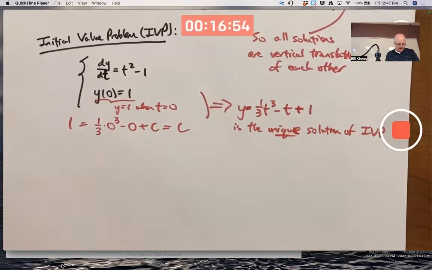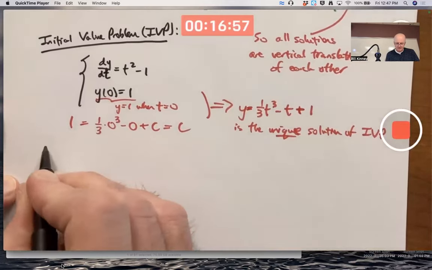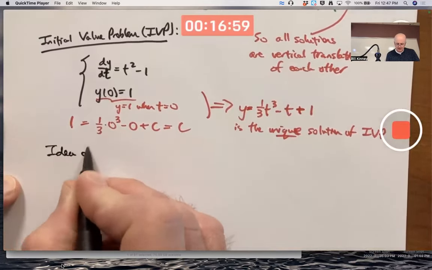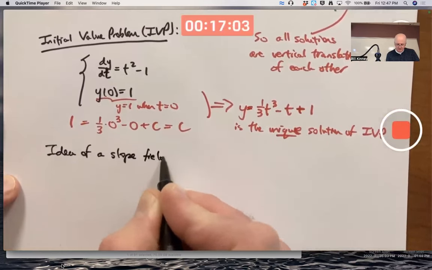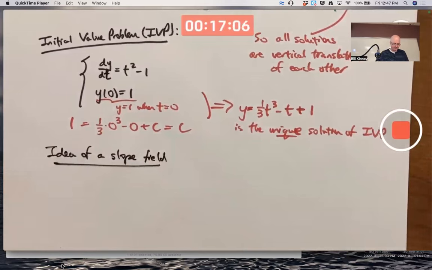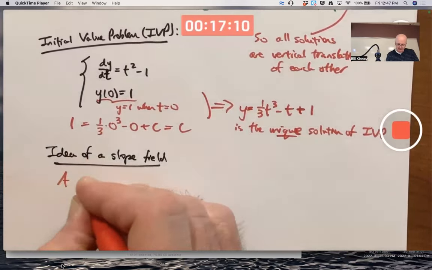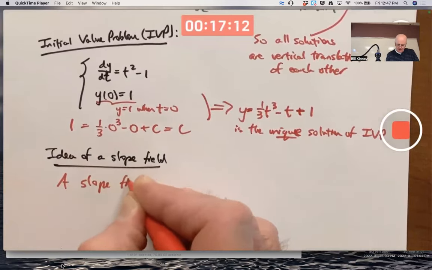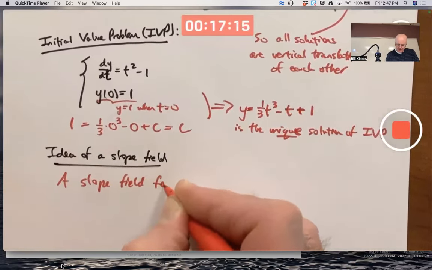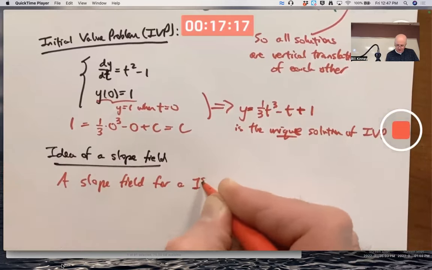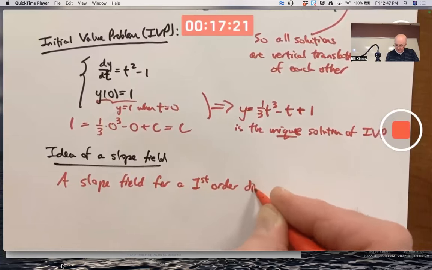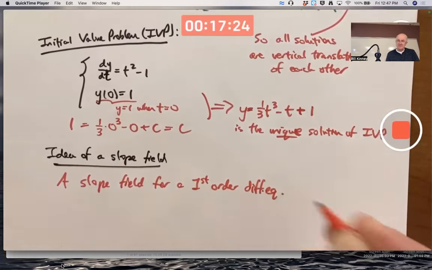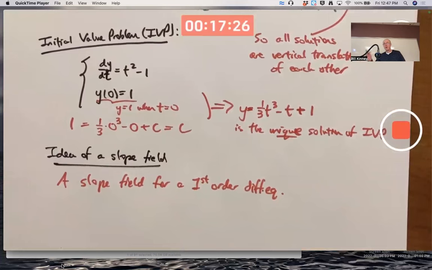Here's the idea of a slope field. A slope field for a first order differential equation, diffie-q, not second order or third order or fourth order, first order.